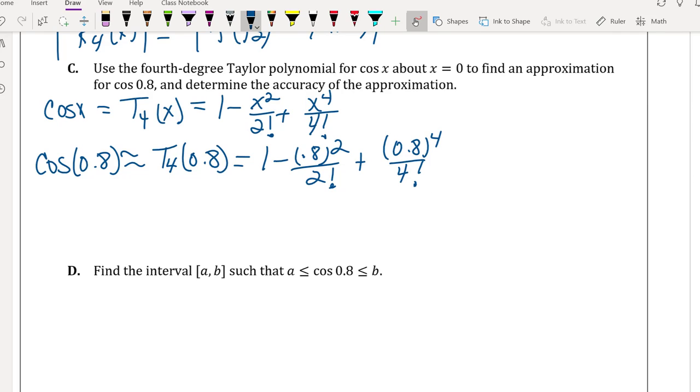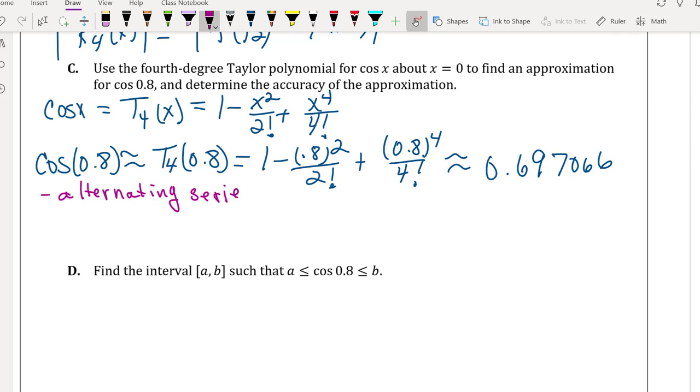So we get 0.697066. And we want to determine the accuracy. Since this is, again, an alternating series, what we can do is say that our error has to be less than or equal to the next term.